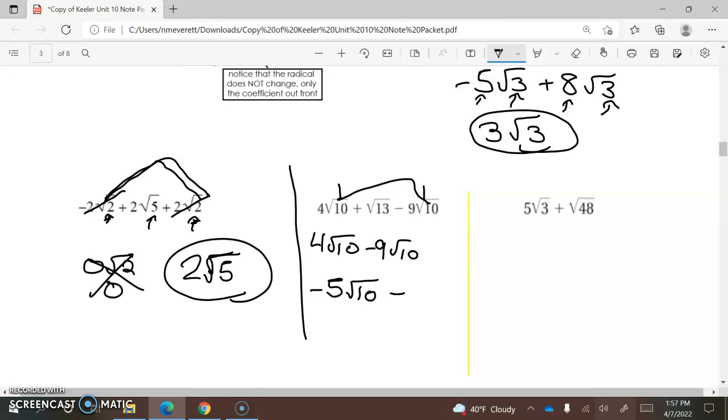The plus square root of 13 will stay down here; you just add that on. I can't add these together, so that's the answer I got, all right? You'll only add the ones that have the exact same thing in the square roots. You cannot add the square root of 13 to this at all, okay?